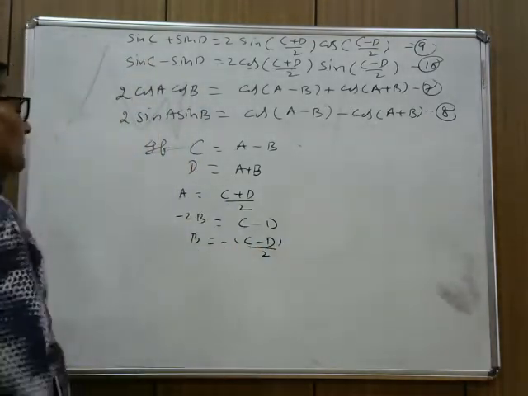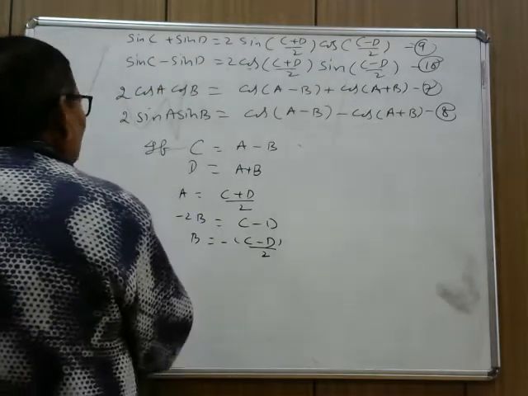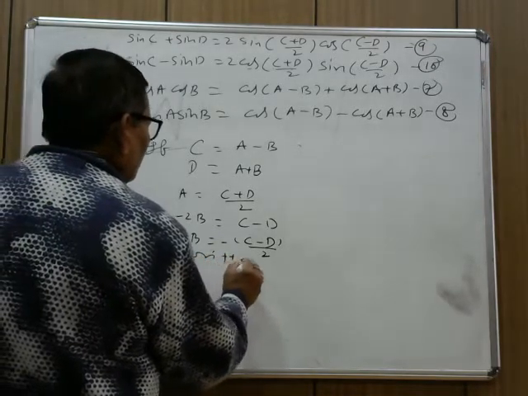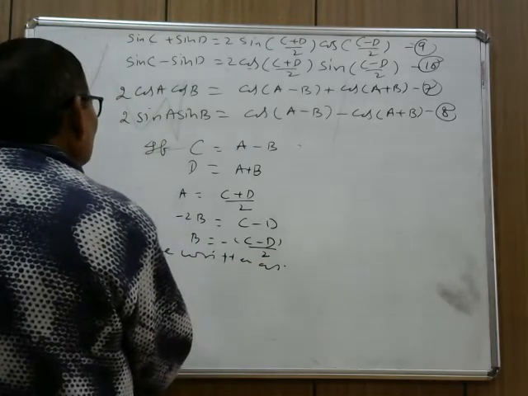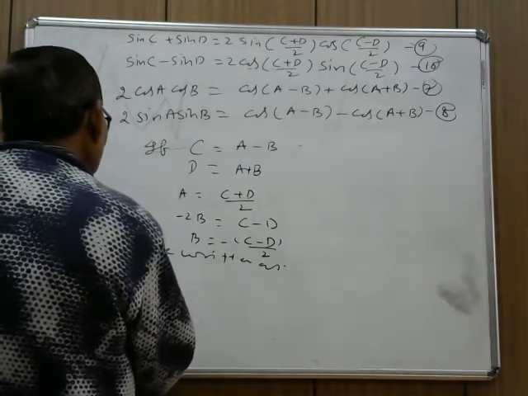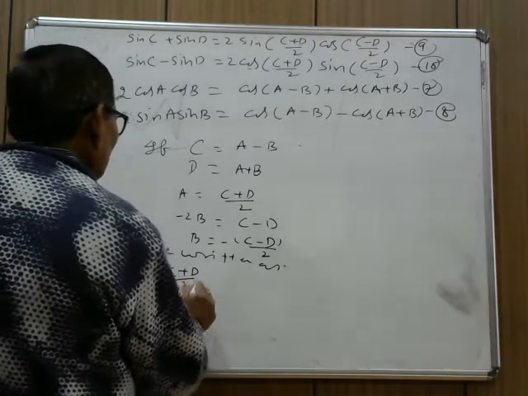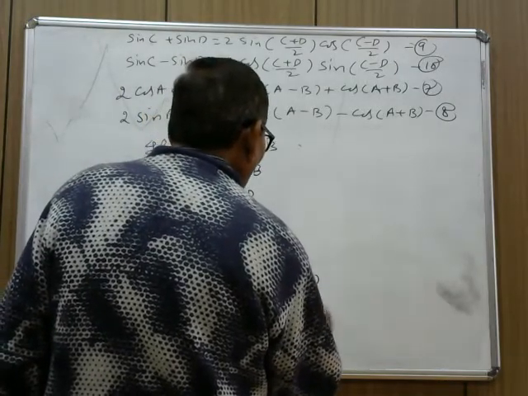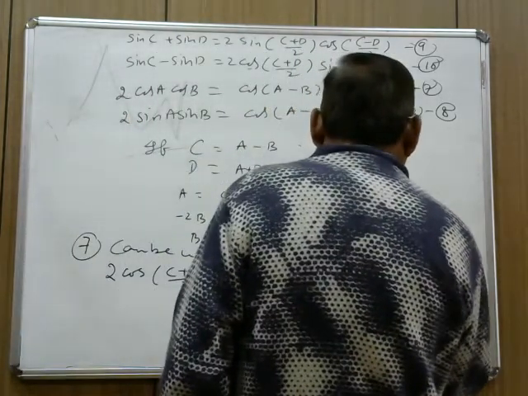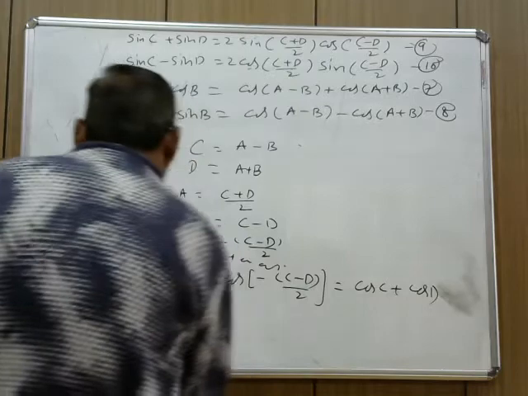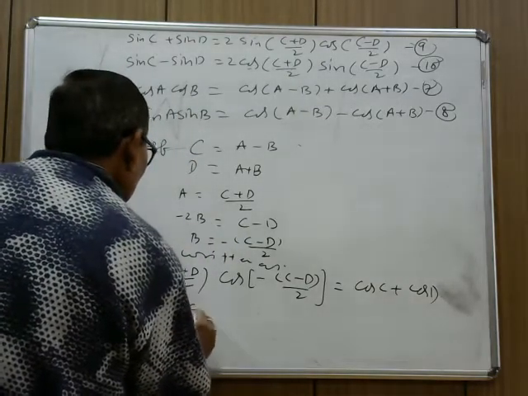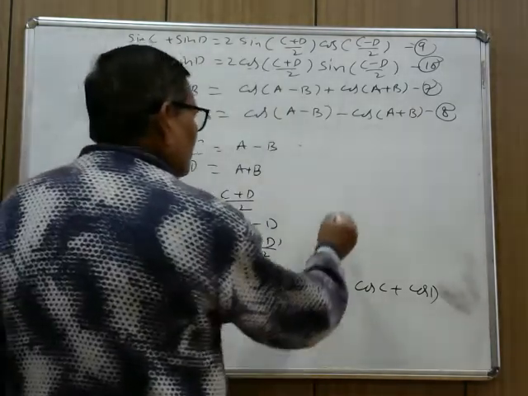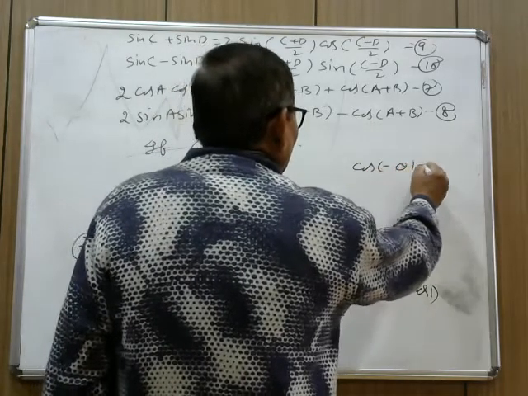This is A and B. So in this way 7 can be written as 2 cos (C plus D)/2 into cos of minus (C minus D)/2 is equal to cos C plus cos D. Cos of minus theta is plus cos theta.